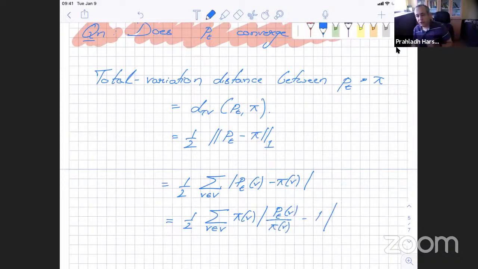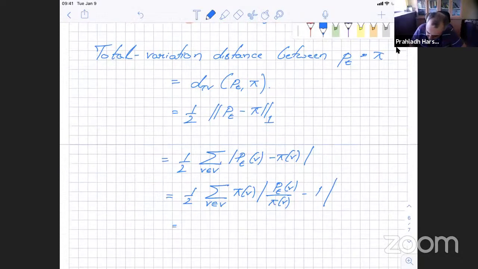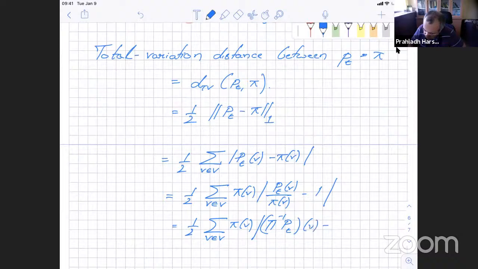Because I want to look at the weighted version. So let's further write this as half of the summation over v in V of pi(v), and this quantity I want to write as pi inverse PT, its vth value.